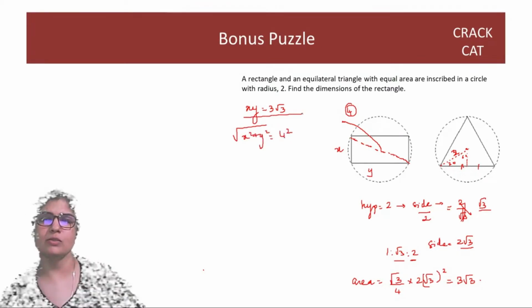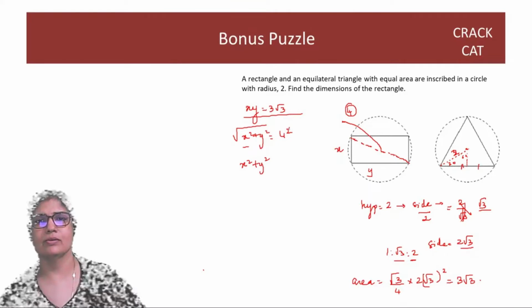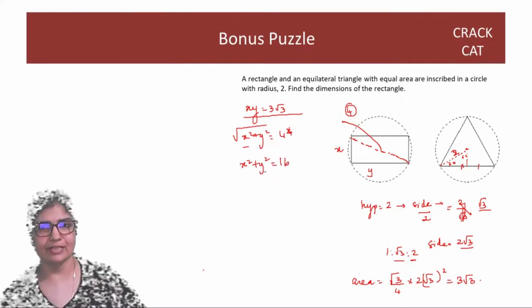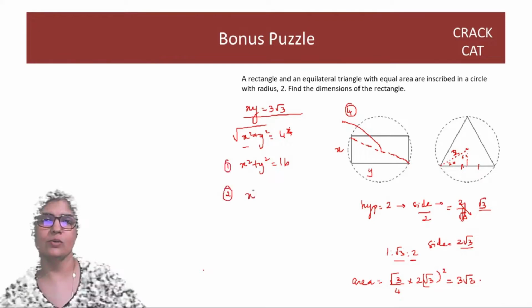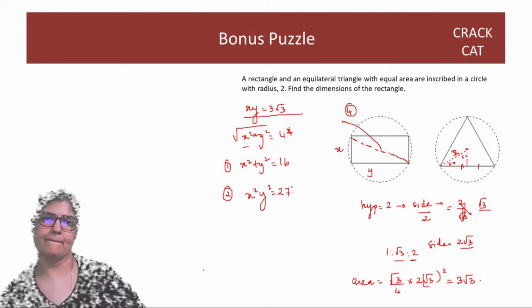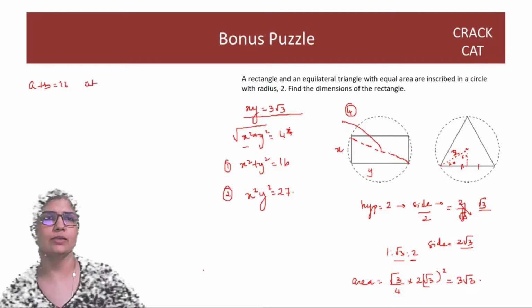So we square this as well, and we square xy too, which we already have. So we'll get x square plus y square is equal to 16. This is our first equation. And the second equation is that x square y square is equal to 27. So I can see this as a plus b is 16 and a into b is 27.